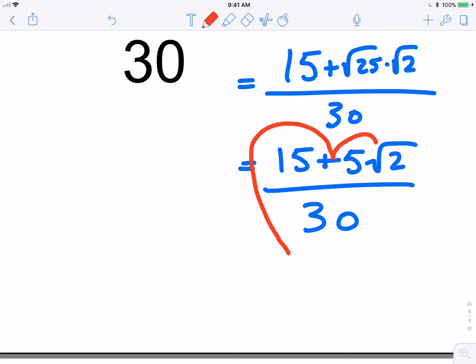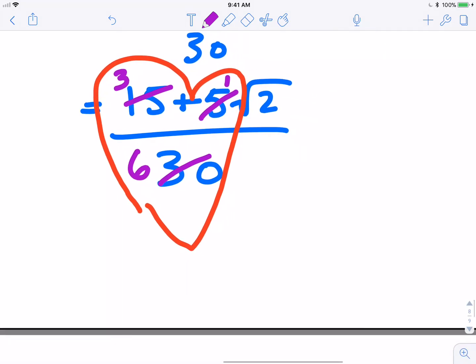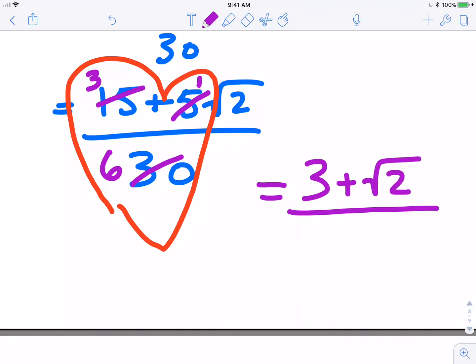All three have to share something. Do all three share something here? They are 5, 15, and 30. I see a GCF of 5. So divide everybody by 5. Get 3, 6, and 1 left over. Now obviously we want to write it a little bit fresher. We don't have to write the 1 as a coefficient. It's assumed to be a 1, all over 6.